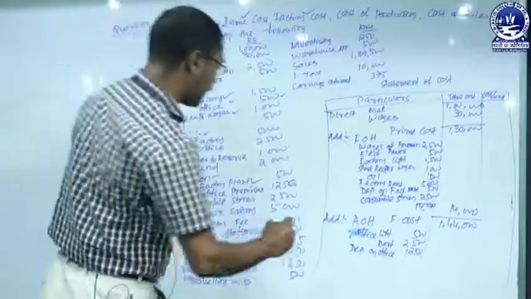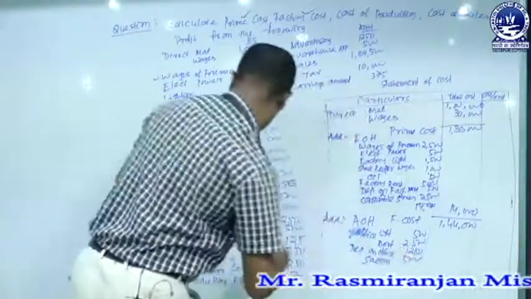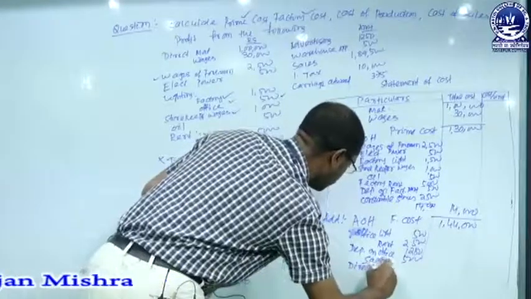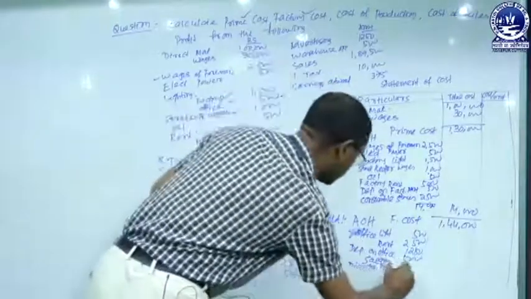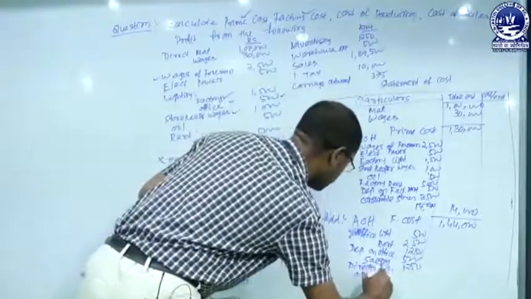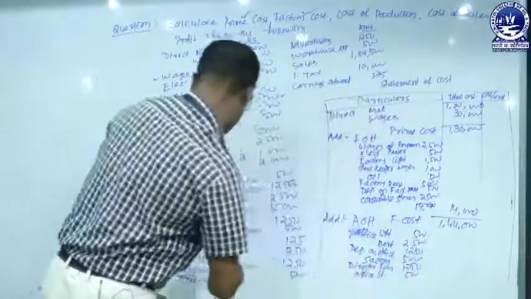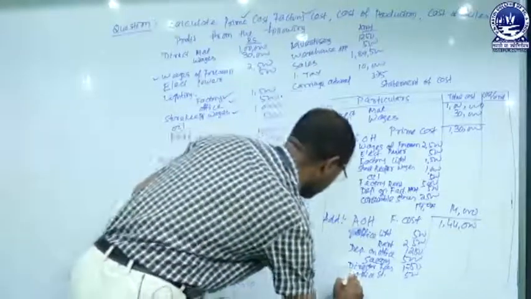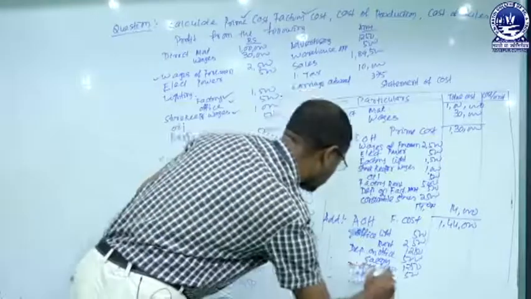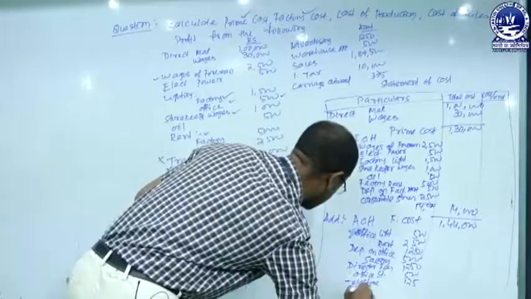Next manager salary, that is 5,000. Next director fees, that is 1,250. Next is office stationery, the amount is 500. Next telephone and postage are also taken into consideration because they are office overhead. The amount of telephone is 125, and the postage amount is 250.